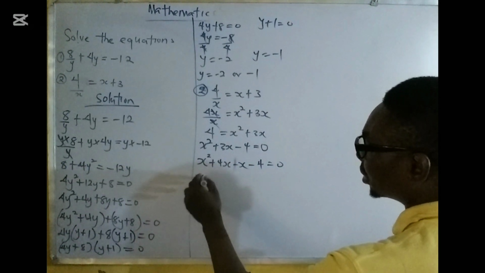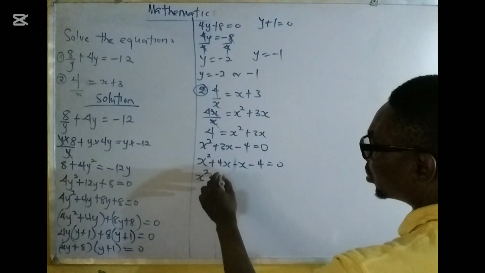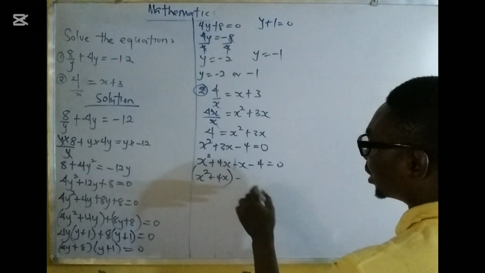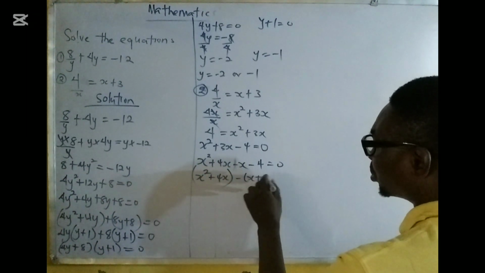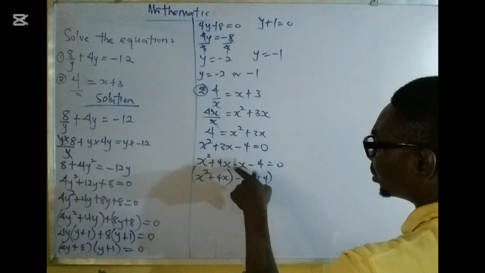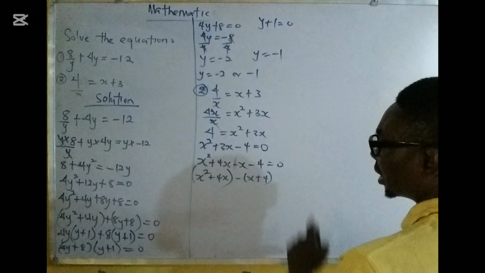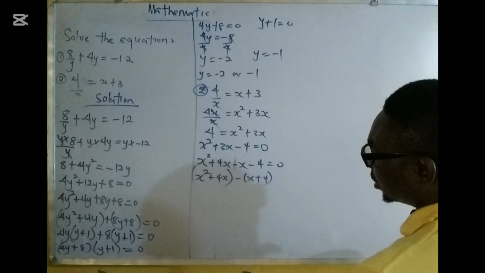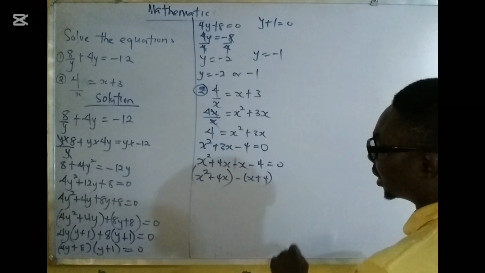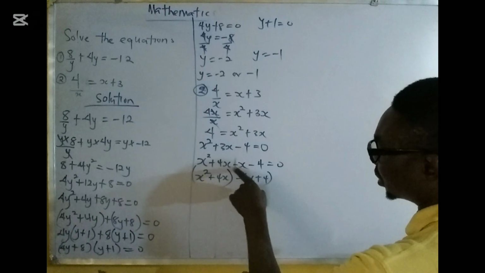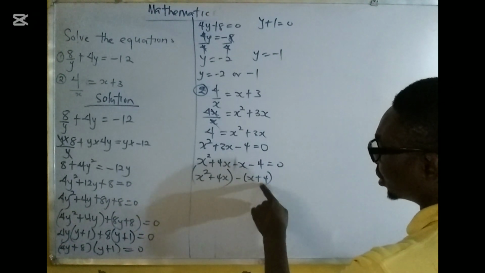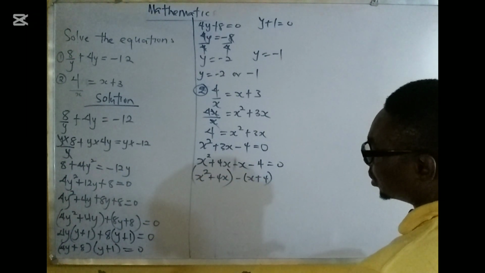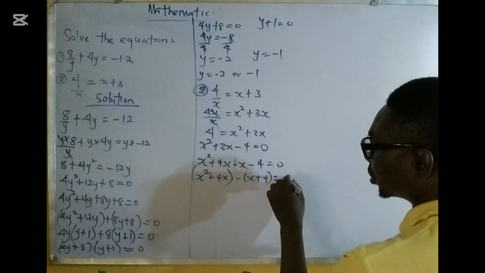Therefore, you can put it in brackets: x squared plus 4x, minus x plus 4, because this minus has affected the sign here, because minus times x will give us minus x, minus times plus 4 will give us minus 4, equal to 0.